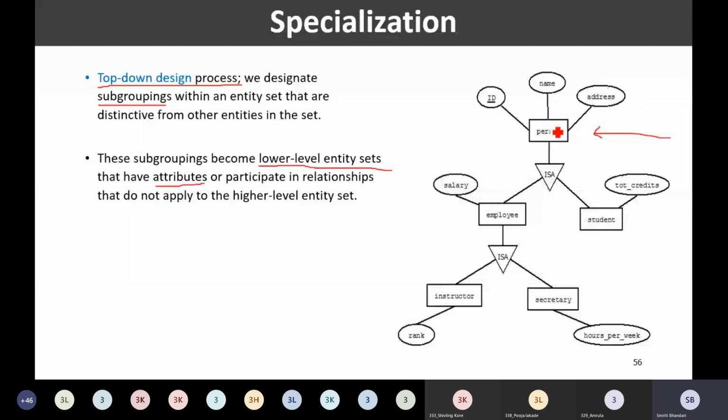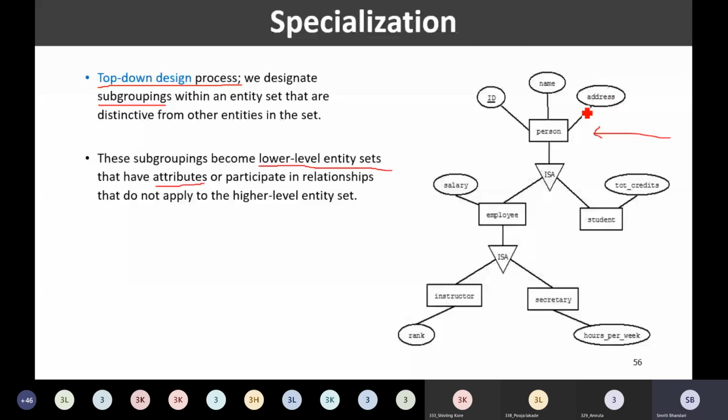I am having all the attributes of the higher level entity set available to the lower level entity sets. So employee and student are the lower level entity sets and person is the higher level entity set.